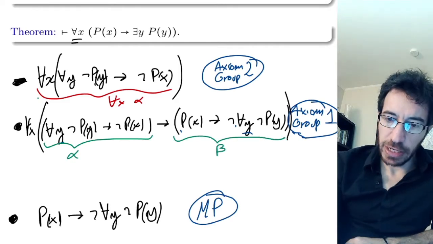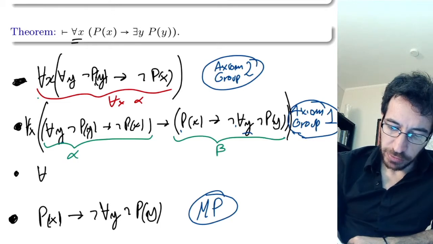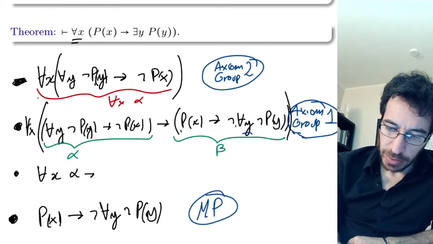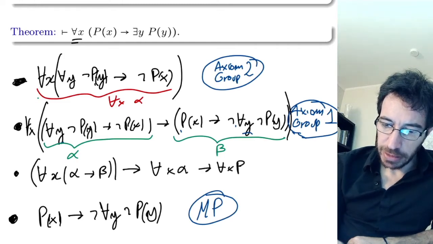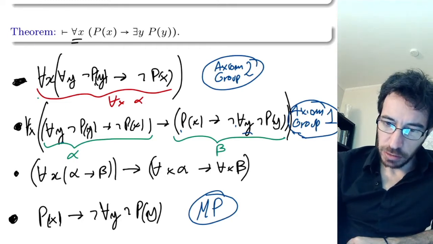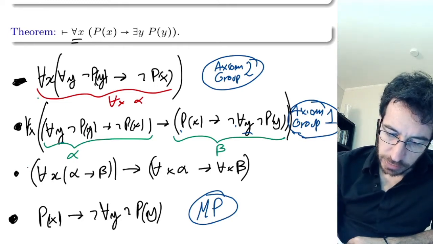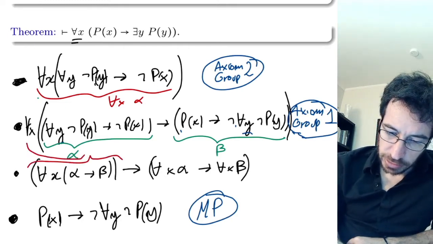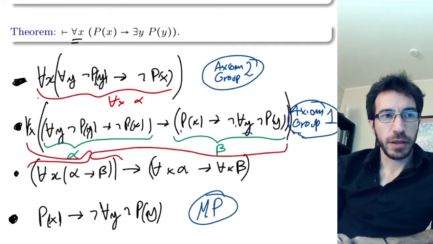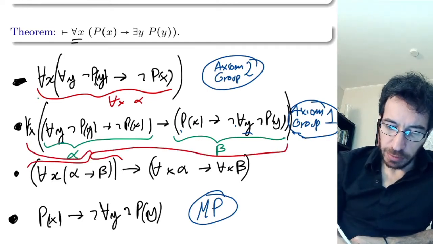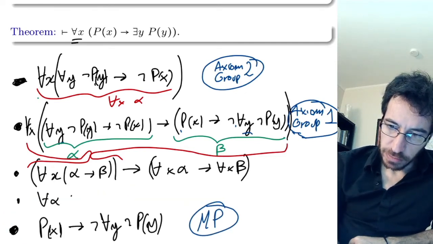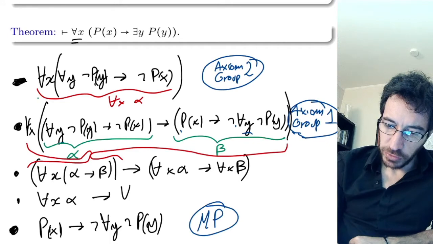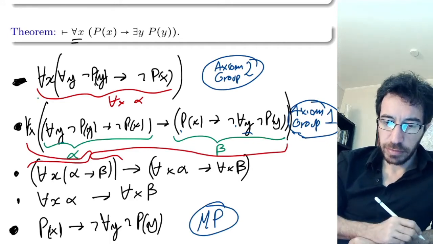Then we have an axiom that says for every x alpha implies beta implies for every x alpha implies for every x beta. Now, this thing up here is exactly this thing up here, so we can apply modus ponens to that and get for every x alpha implies for every x beta.